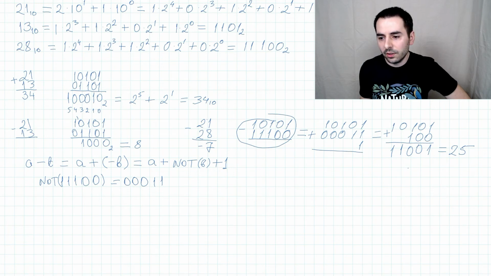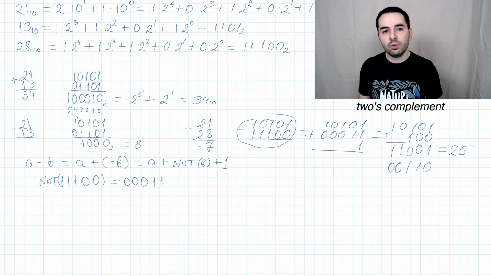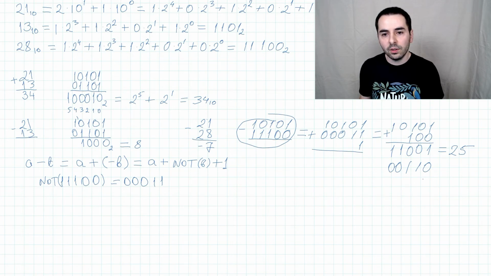So if we negate this, we'll get 1, 1, 0, and then this would become 0, and then we need to do plus 1. We do plus 1 because it's called the 2's complement, because we are taking the number and subtracting it from the smallest power of 2 that is larger than this number.